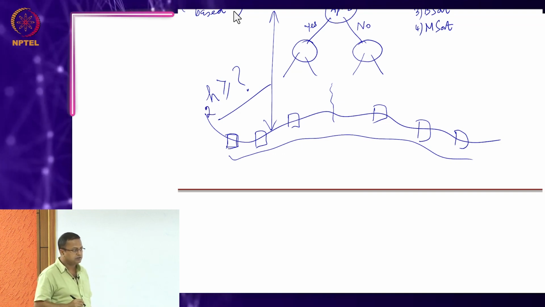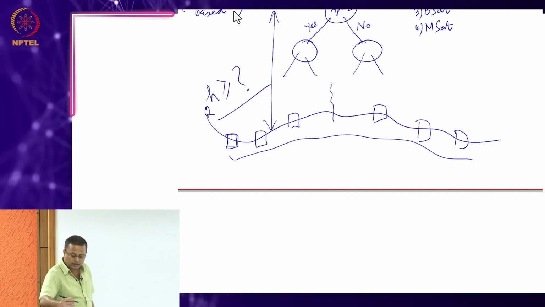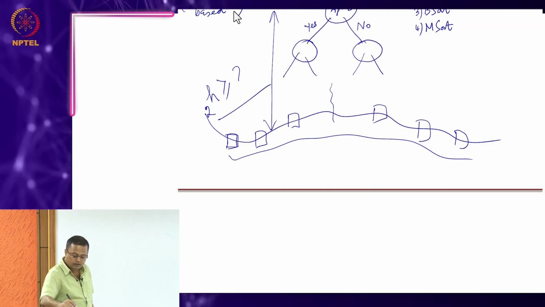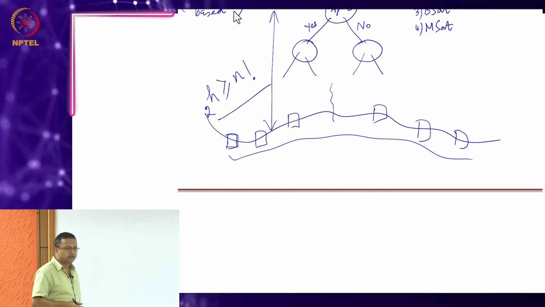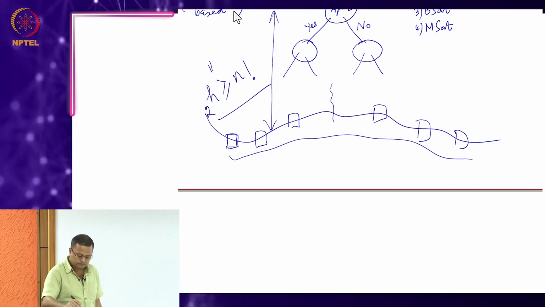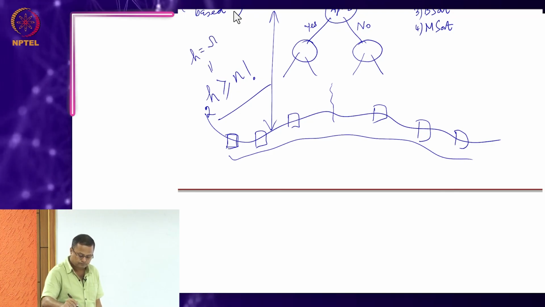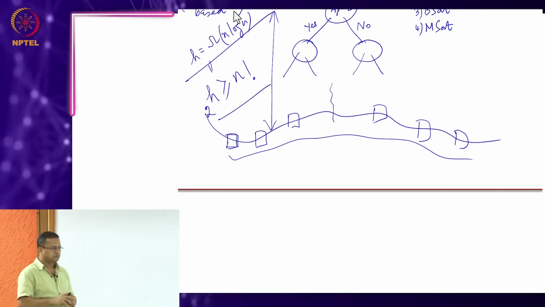If 2 to the power of h is the minimum number of leaves, take log on both sides, and you can figure out that h is n log n. So, that is the idea.